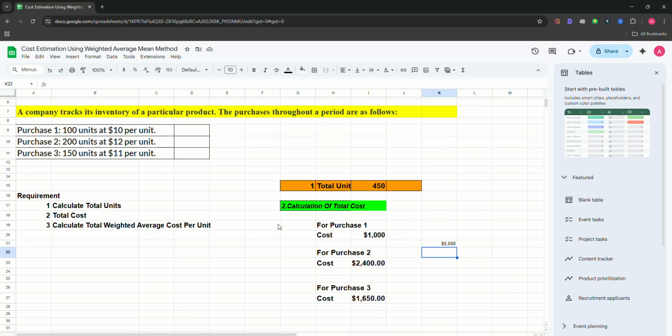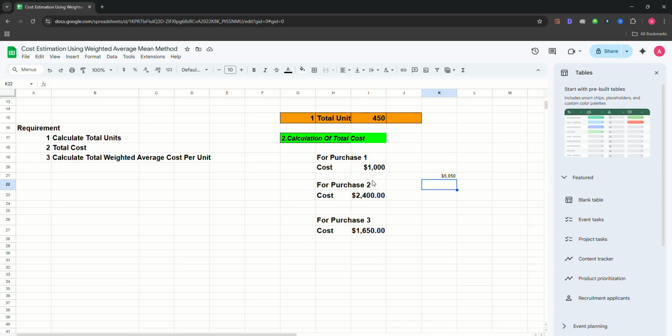So let's calculate the total average cost per unit. For calculating total average cost per unit, I need to implement a formula, which is total cost divided by total units. Then I will find the total weighted average cost per unit.